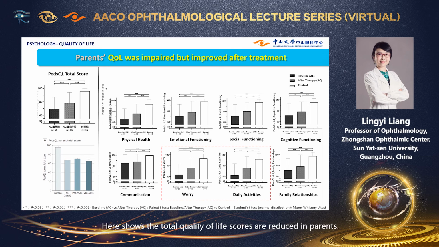Here shows the total quality of life scores were reduced in parents. The subscores of physical, emotional functioning, social functioning, cognitive functioning, communication, worry, daily activities, and family relationships were also lower in parents of AC compared with the control.